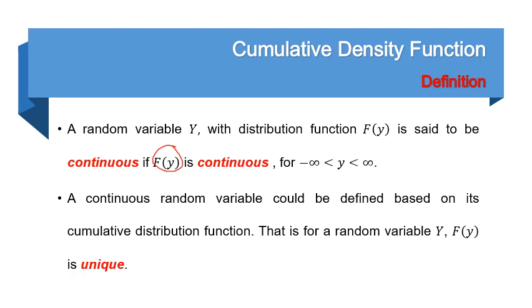As we'll see in the coming few slides, if we know the capital F, we can get the small f, which is the density function. And if I have the density function, by integration I can get the capital F, which is the distribution function here.